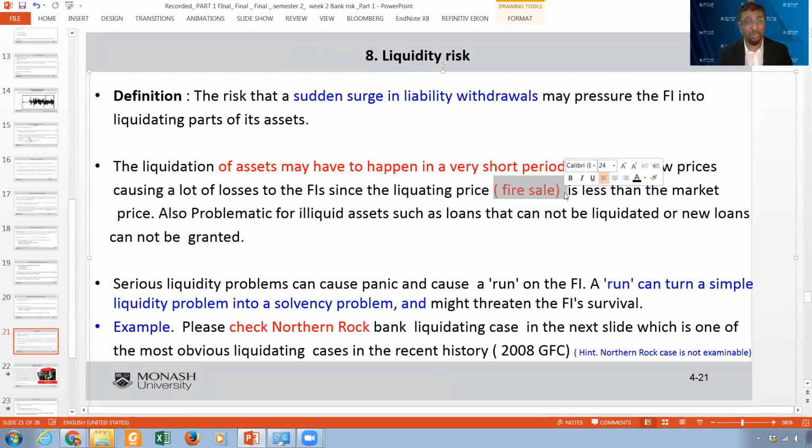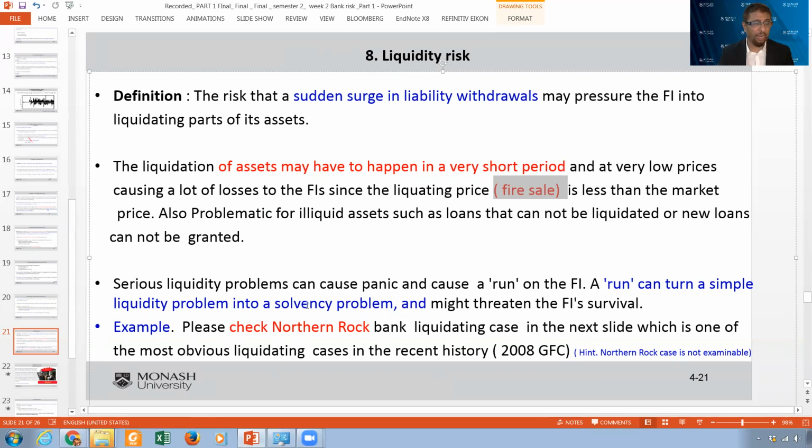This also applies to banks. They can sell all these securities very fast, in a few hours or on the same day, and they can sacrifice and lose a huge difference between the market price and the selling price, which we call the fire sale. That huge spread is actually the loss.